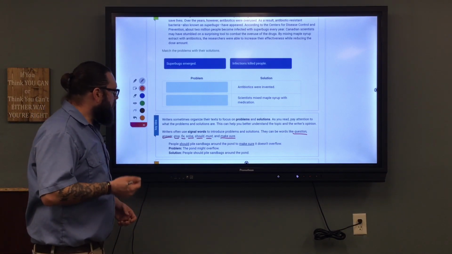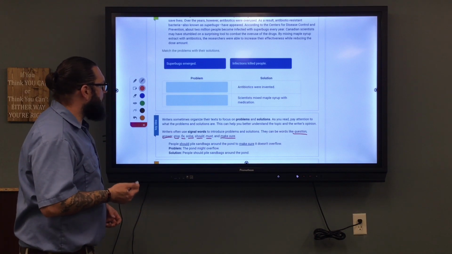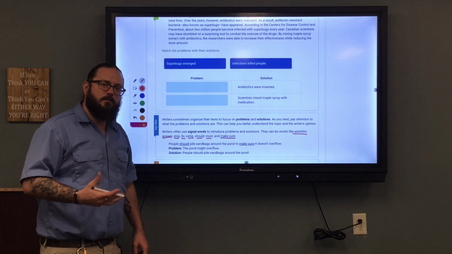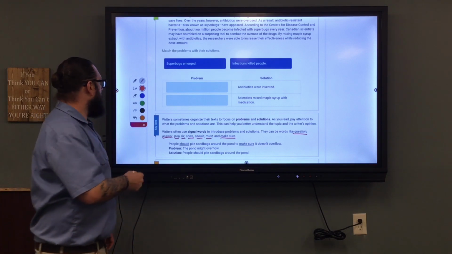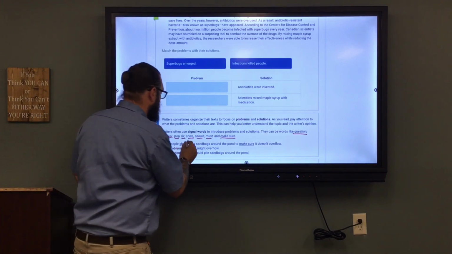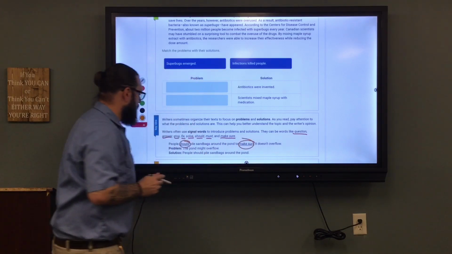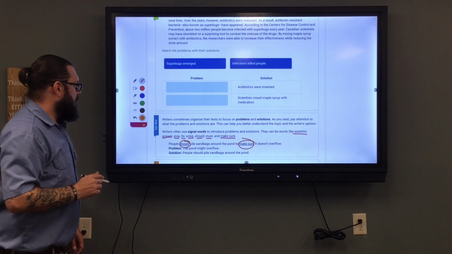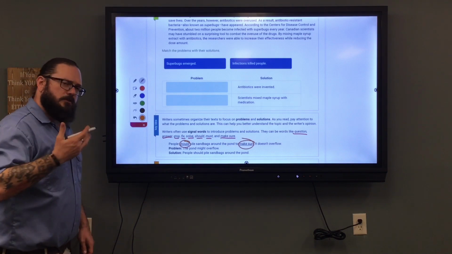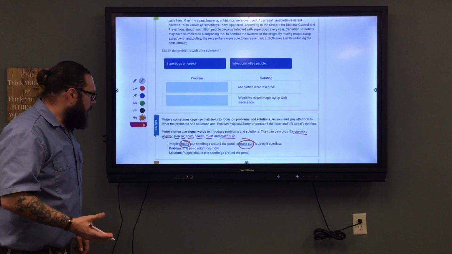People should pile sandbags around the pond to make sure it doesn't overflow. In this case, we have two signal words to let us know that this is the problem-solution relationship. So what is the problem?